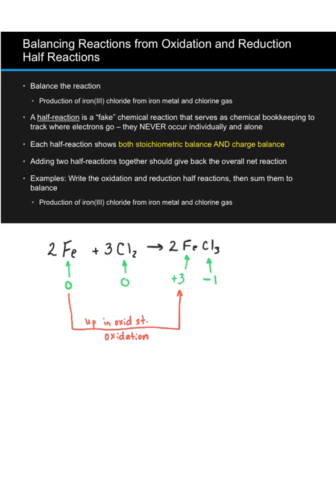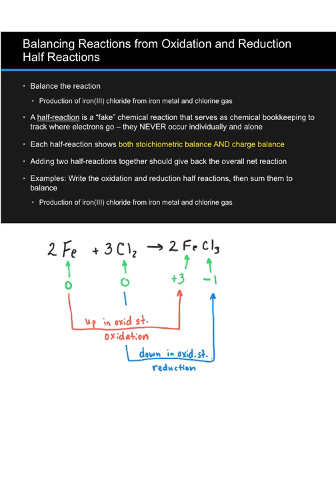Contrast this with chlorine, which has gone from a 0 oxidation state on the reactant side to a -1 oxidation state as a product. We say that because chlorine has gone down in oxidation state, it's reduced its oxidation state to something more negative, that it's undergone reduction.